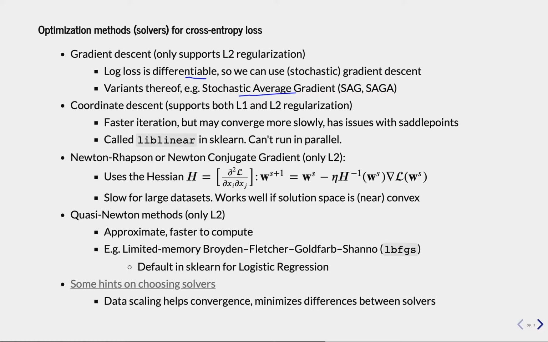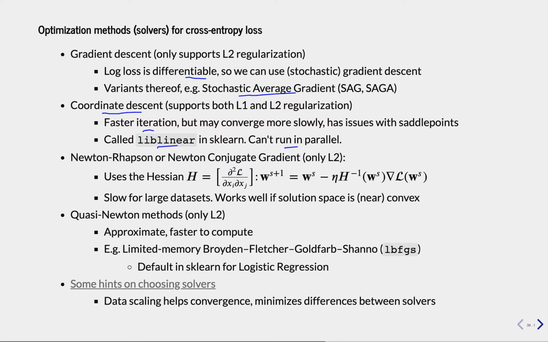We can also use coordinate descent, both for L1 or L2 regularization. Again, this has fast iterations, but may ultimately converge more slowly, and there is a chance that you get stuck in saddle points. In Scikit-Learn, this is called liblinear, and again, this can't run in parallel, so it may not be ideal if you have your mind set on doing this in parallel.